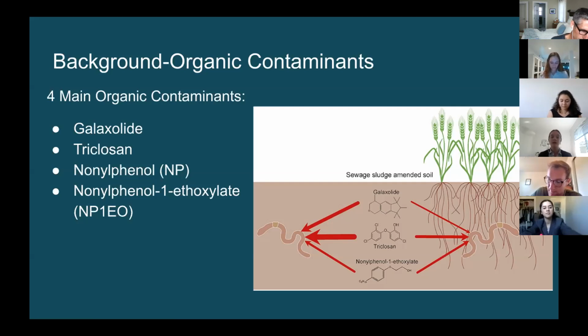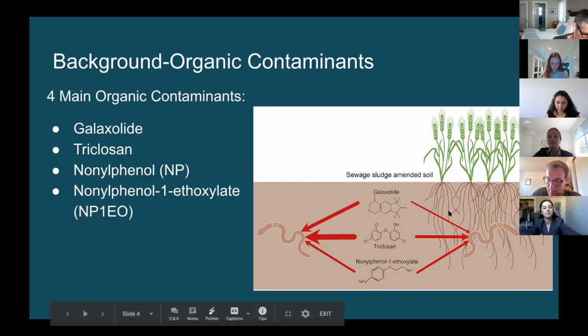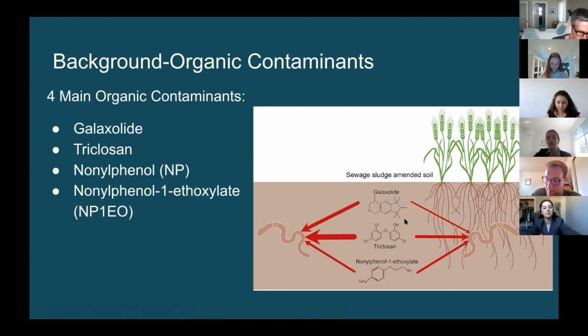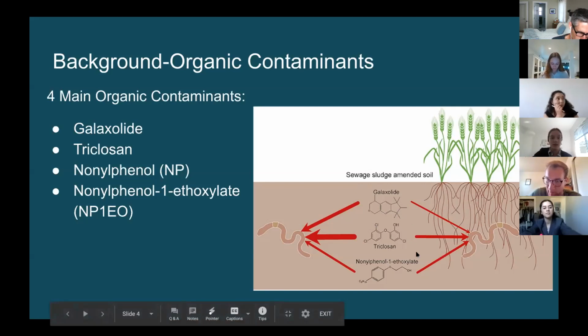These aren't very harmful, but they do bioaccumulate, and long exposure can have negative effects on your body. The four main organic contaminants we're going to focus on today are galaxolide, triclosan, nonylphenol, or NP, and nonylphenol monoethoxylate. In the image on the right, you can see the structures of galaxolide and triclosan, which are the two we're going to be focusing on.